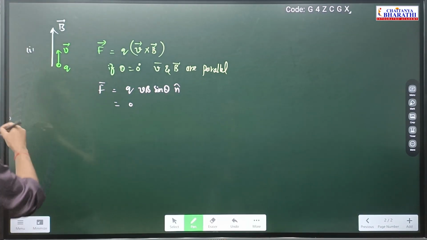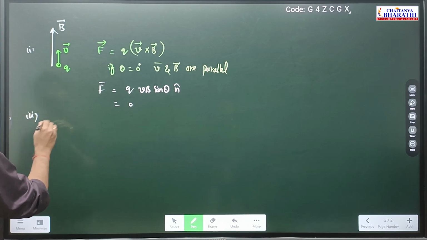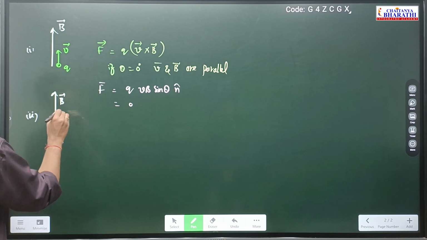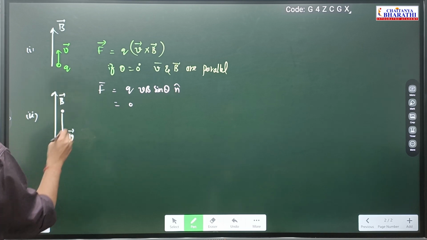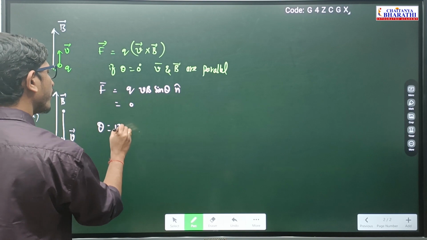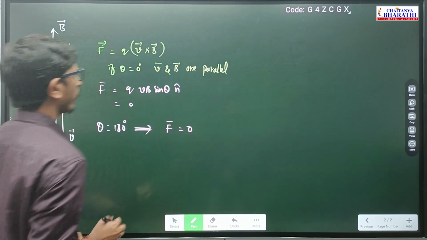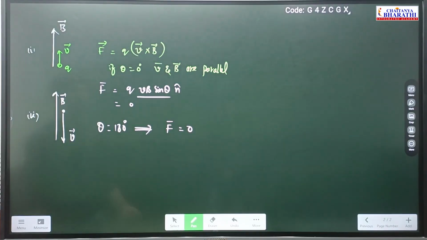Similarly, in the second case, B bar is in this direction and V bar, the particle's velocity, is in the opposite direction, which means theta is 180 degrees. Then the force is going to be 0, because V B sin theta is 0.